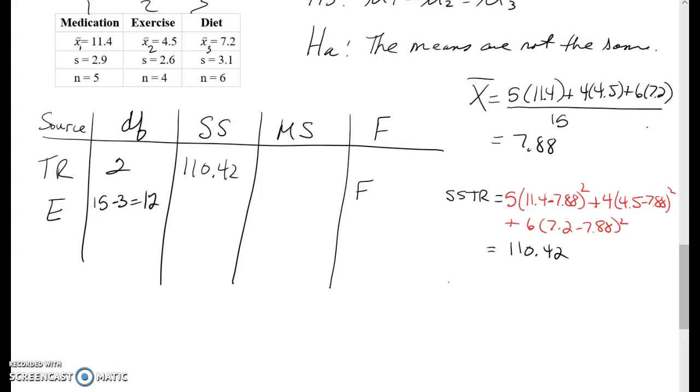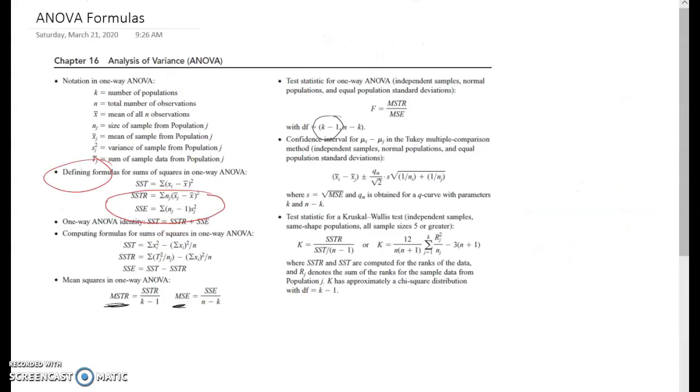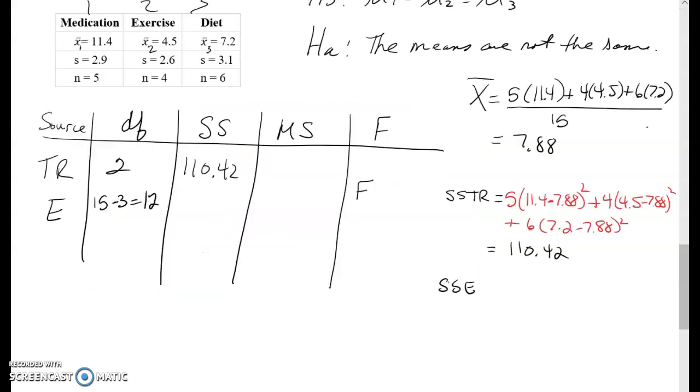Now, for SSE, go over to your formulas. We're doing the summation of (n minus 1) times the sample standard deviation squared for each population. So this time, we start with population 1, which is 5. 5 minus 1 is 4, times 2.9 squared.